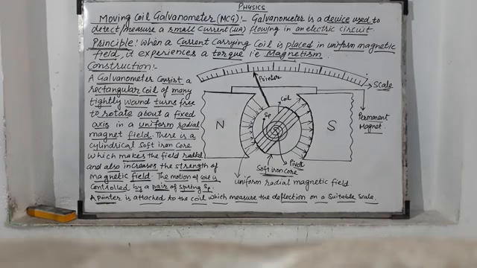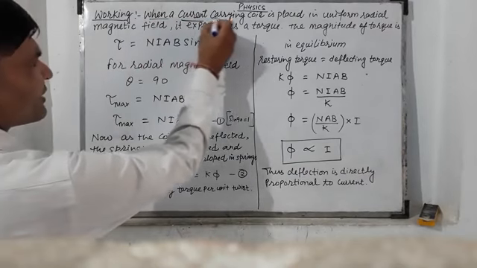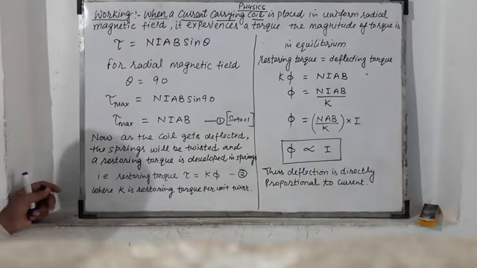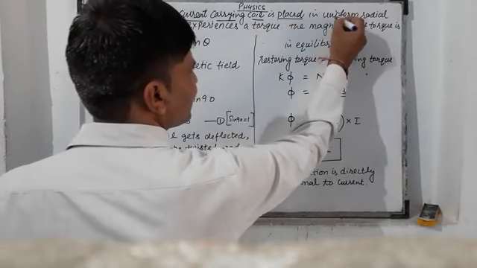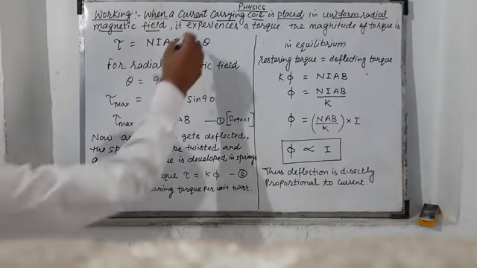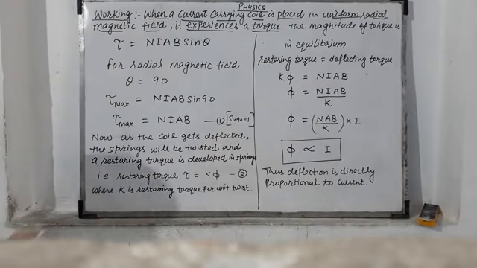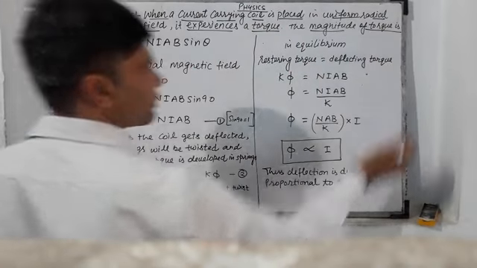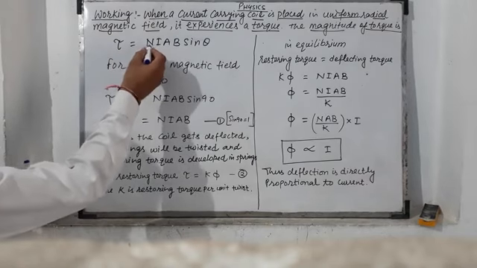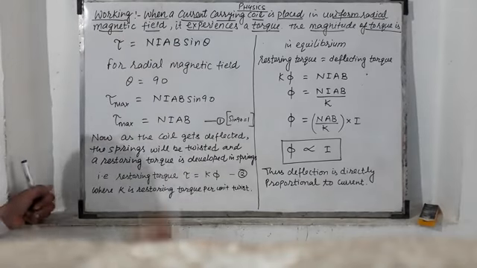Now the working of the moving coil galvanometer. When a current carrying coil, as in the principle, is placed in a uniform radial magnetic field, it experiences a torque. The magnitude of the torque is tau is equal to NIAB sine theta. We have this formula.